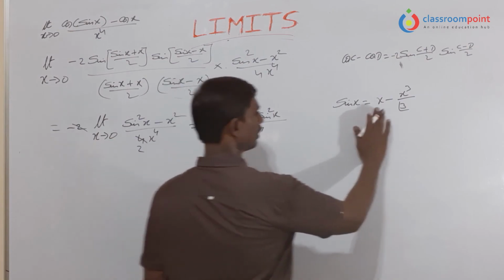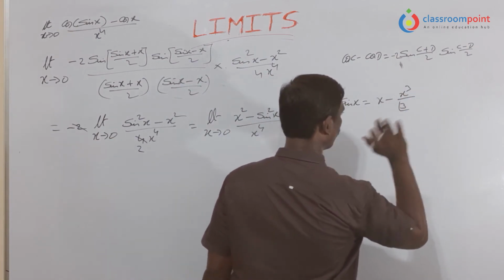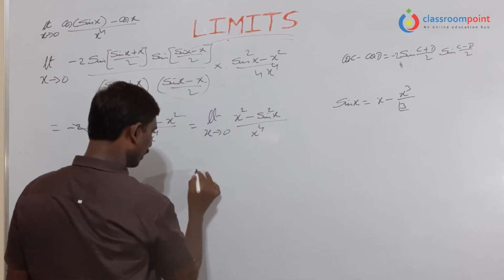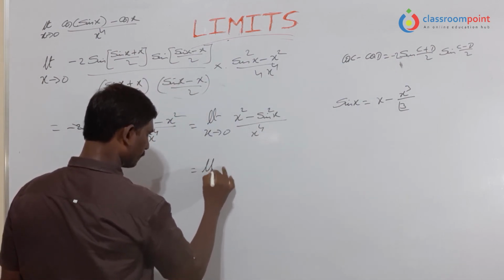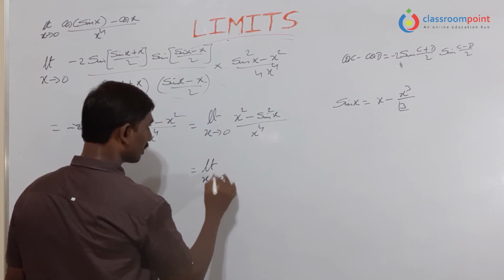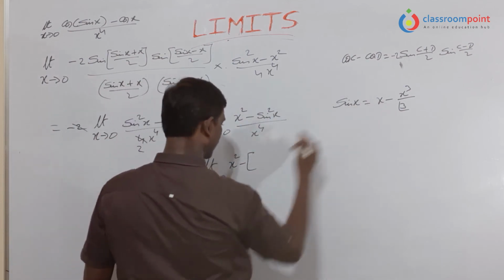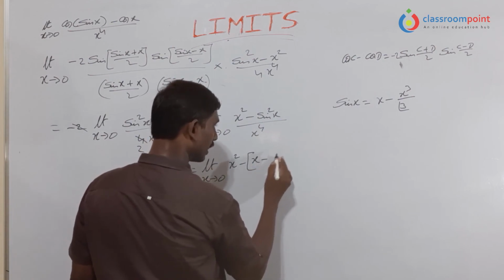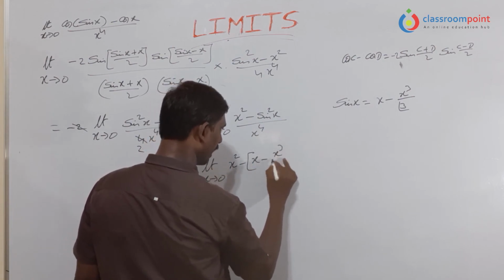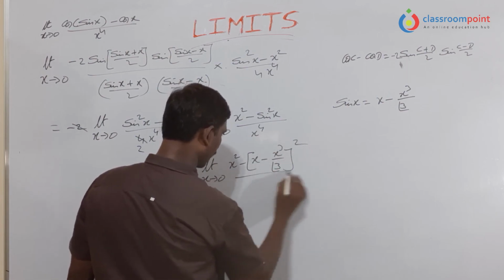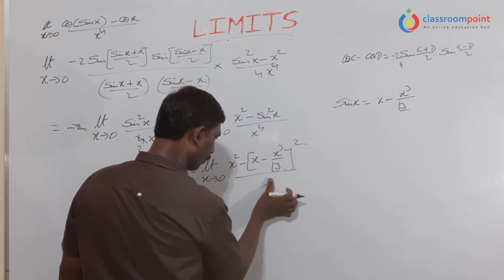This value I will write here. Then let's check what is going on: limit x tends to 0 of x square minus, in the place of sin x, x minus x cube by 3 factorial, whole square, by x power 4.